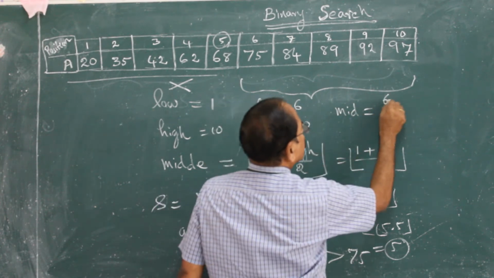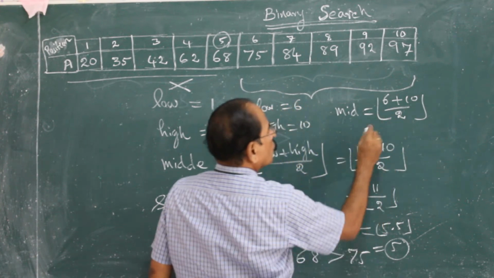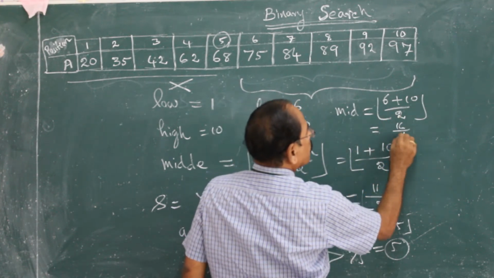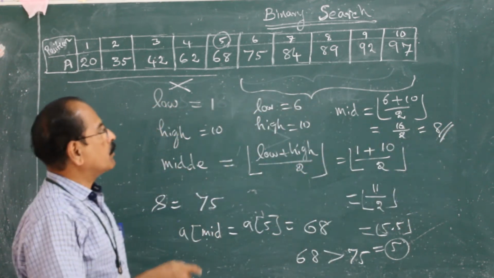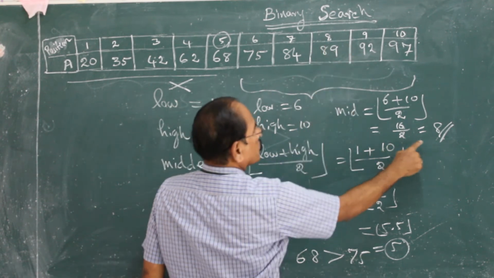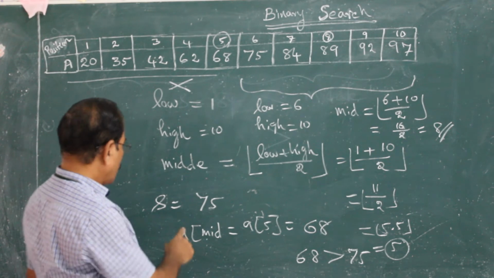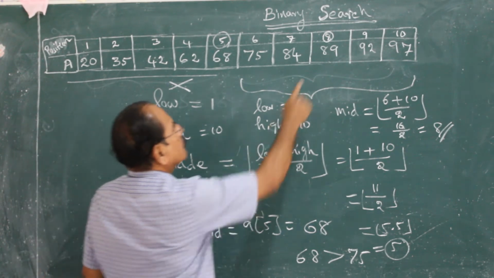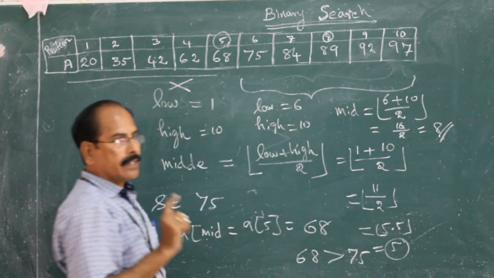Mid equal to (6 plus 10) by 2 with floor, which is 16 by 2 equal to 8. Now we have to do our searching with the 8th position. The middle position is 8. So what do we have to search? 75. Whether 75 is equal to 89? No. The two elements are not equal.